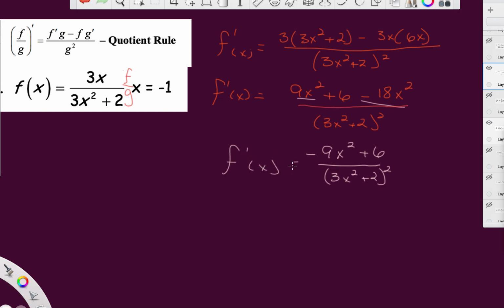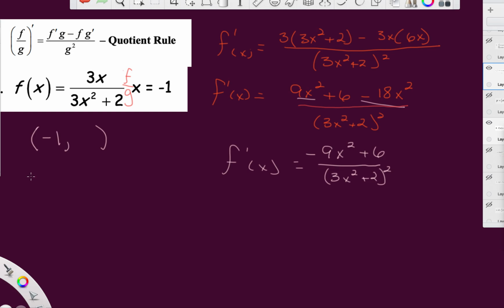I've done all of my legwork, all of my difficult quotient rule stuff. I have a coordinate pair that I want to find, and I have -1 as my x, and I need to find my y term. Well, I take my original function and plug my -1 in there.